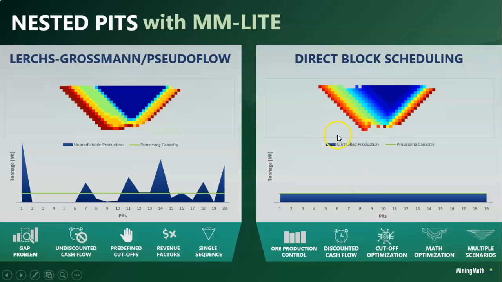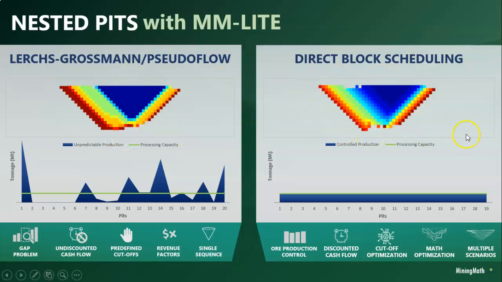And also here, every time that you input a revenue factor, all the design, all the mine will be done with the same price. So for example, here you have a price of $1 for each nested pit, changing for all the sequence. And here we have the same price.